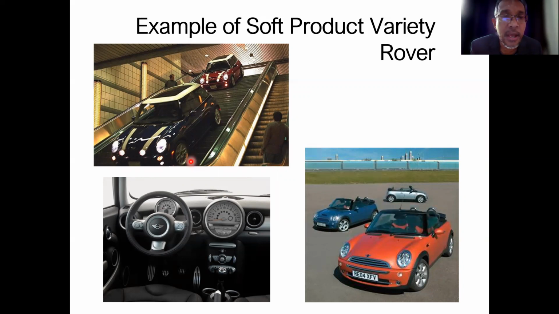They have a different grill. So in terms of accessories also different. They are quite different on several parts, and then they have common parts as well. So they can produce in high volume production. That's why they call it a soft product variety.